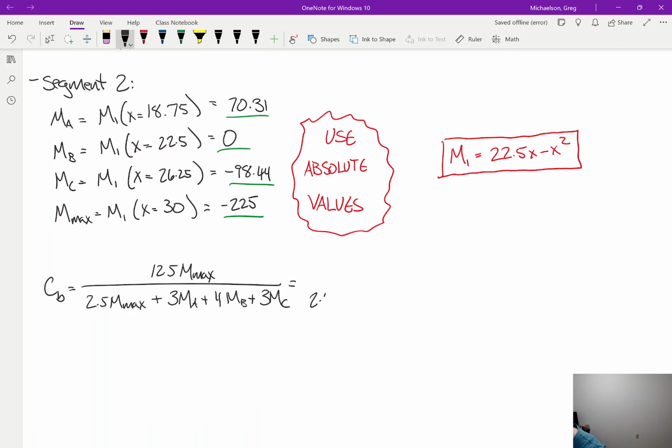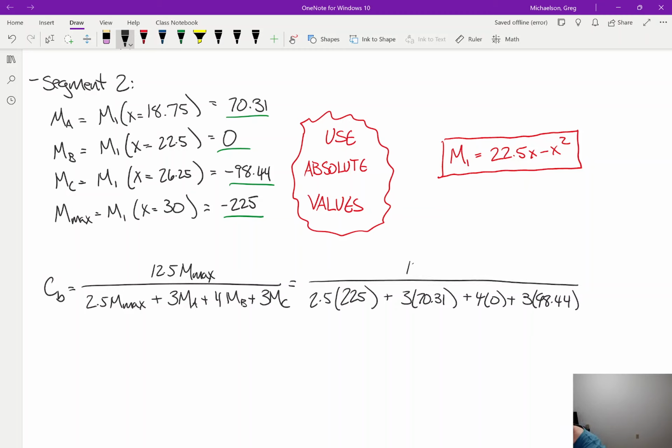So 2.5 times, now Mmax when we computed it is negative 225, but we put a positive value here, plus 3 MA, so 3 times 70.31, plus 4 times 0, plus 3 times 98.44. No negatives, positive values only. Okay. All right, so what do we get here? Let's see.